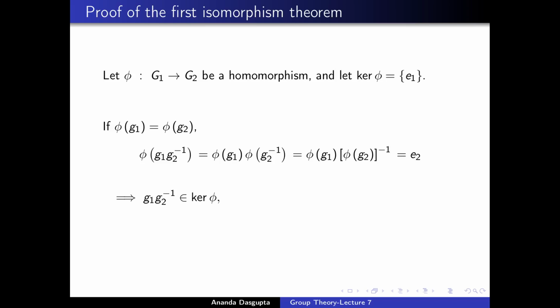But since we have assumed that the only element in the kernel of the homomorphism phi is the identity E1, G1 G2 inverse has to be E1, and this immediately leads to the statement that G1 has to be the same as G2. So if two elements G1 and G2 map to the same resulting element in capital G2, then these two elements of capital G1 must be one and the same.